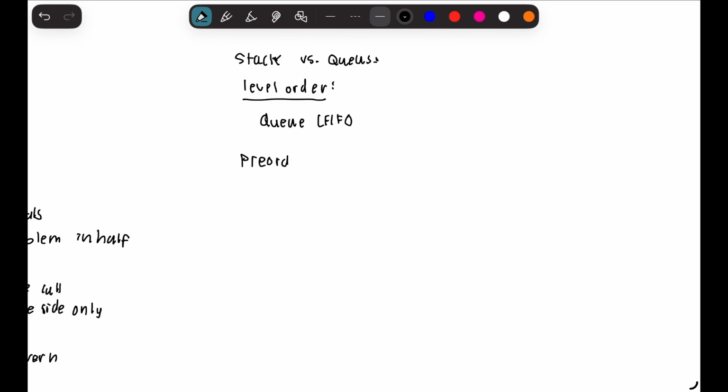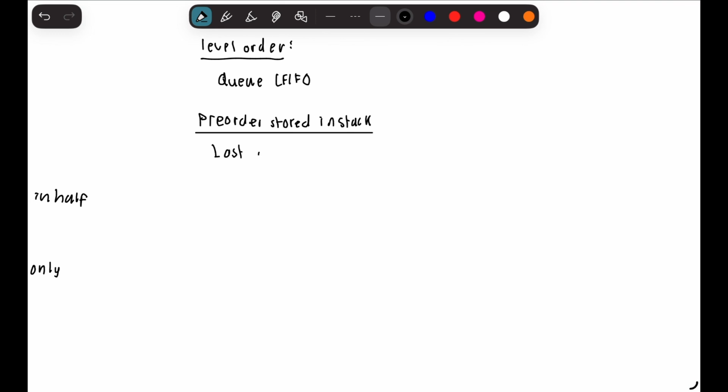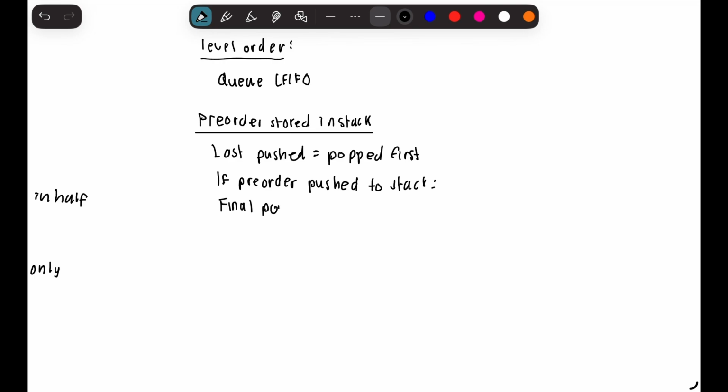Now, if you have a preorder stored in a stack, your last pushed is going to be popped first. If your preorder is pushed to a stack, your final pop is equal to the last node visited.